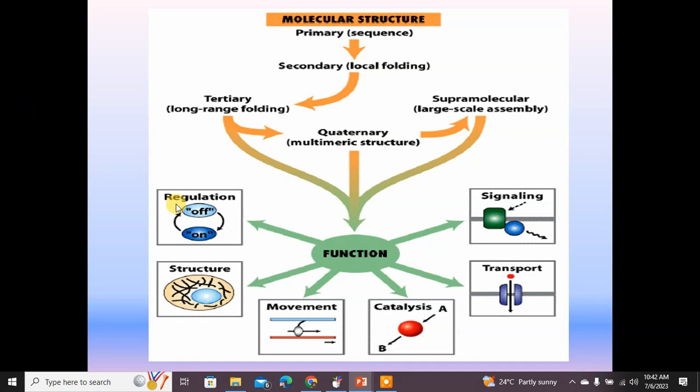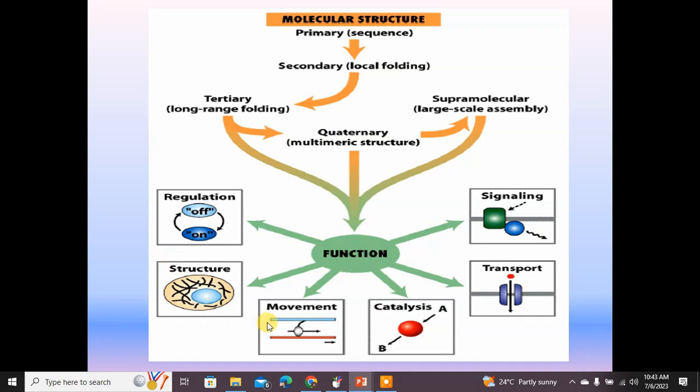For example, the first one is regulation. It will turn off or turn on a certain process, or it will slow down or fasten a certain process. In scientific terms, we call such proteins regulatory proteins. Okay, protein will also perform in structure, like I gave you an example before.